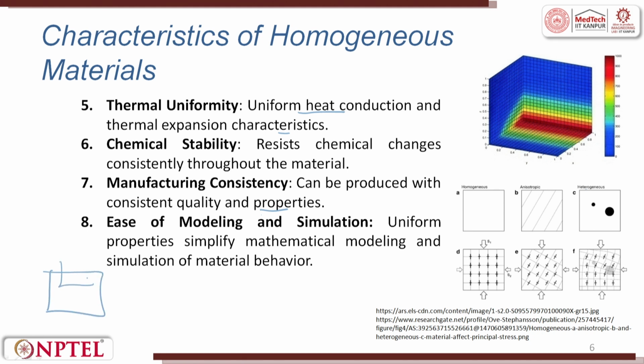So, if you have a cube and you cut it into several layers along the z direction, you will have non-uniform properties, but within a single plane you will have consistent properties. So, you can have homogeneous, anisotropic, heterogeneous material. These are all heterogeneous materials. You can see in homogeneous material how uniform the properties are. This is used exhaustively in modeling and simulation.